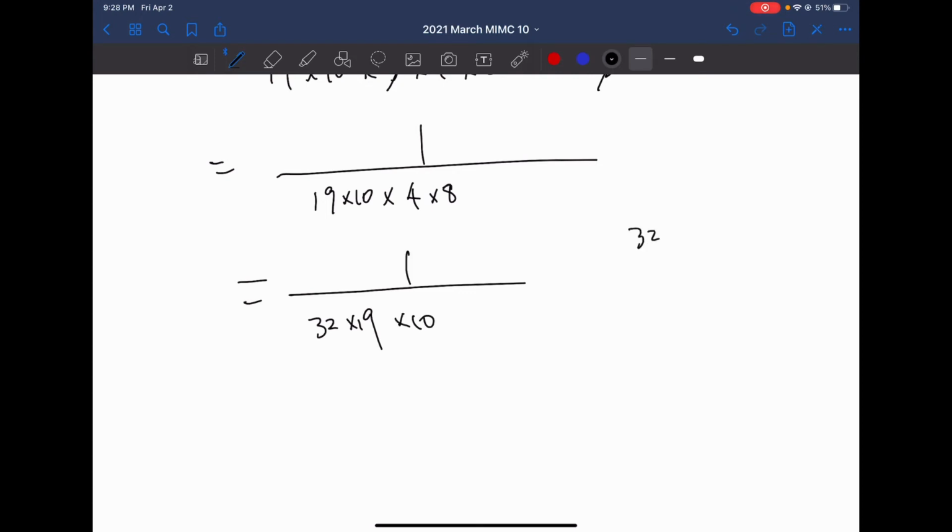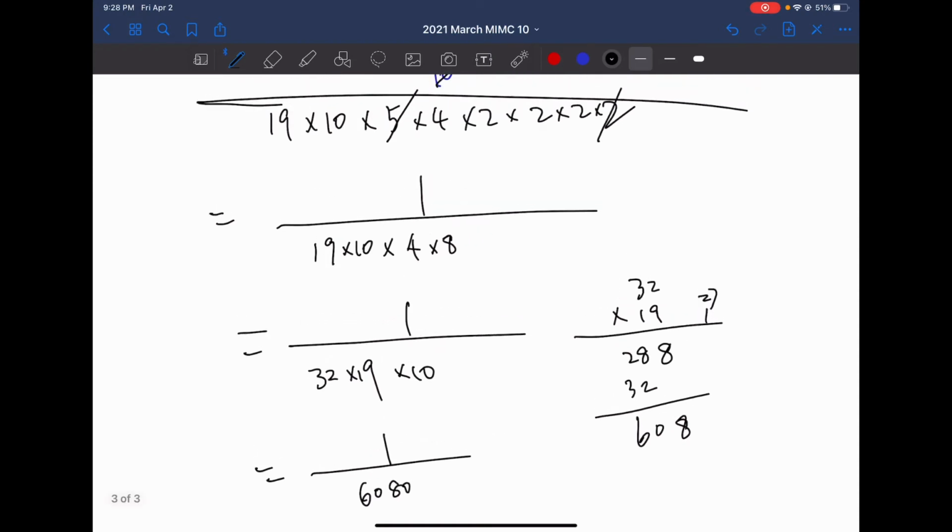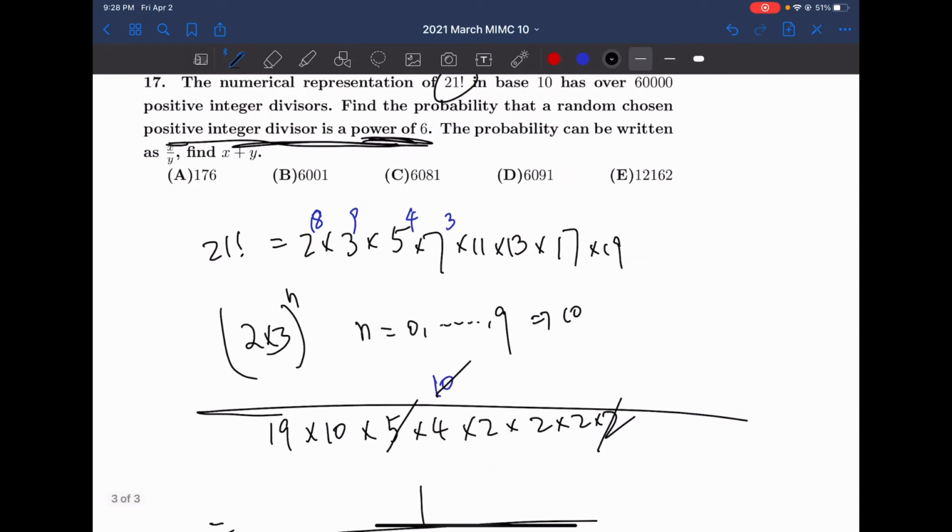So 32 times 19 would be, that's 9, that's 18, that's 27, 28, 32, 8. That is 608. So that's 6080, 1 over 6080. Thus, x plus y would be simply 6081.